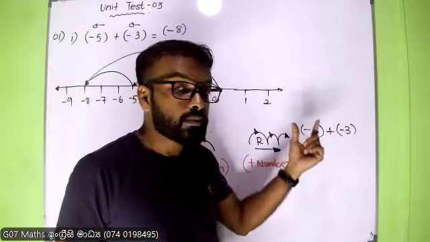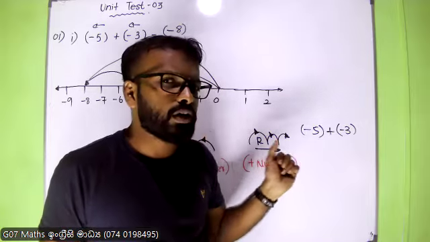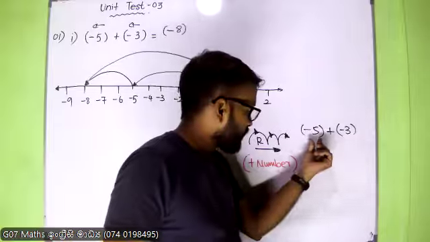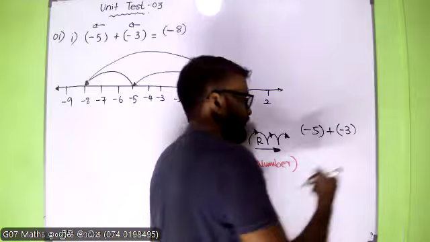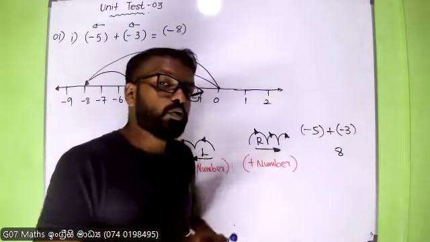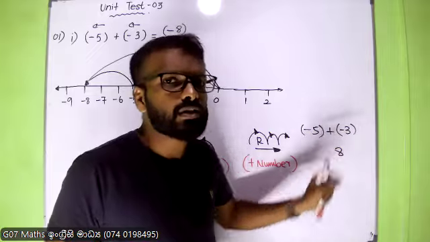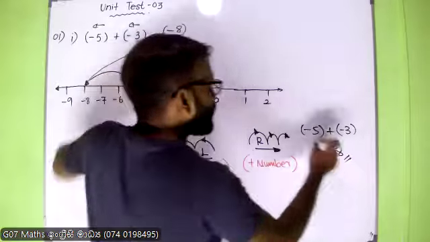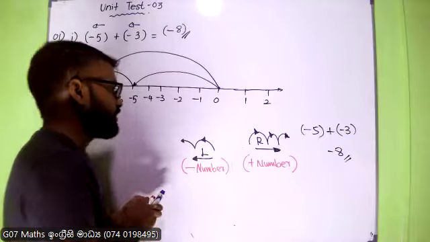If you have the same signs for your directed numbers, just forget the signs, take the numbers and do the addition: 5 plus 3, 8. And how do you put the sign? If you have the same sign, put the same sign. Negative. Is that the answer? Yes, so the answer is correct.